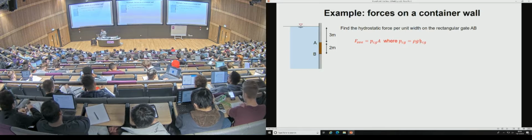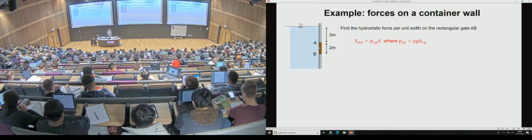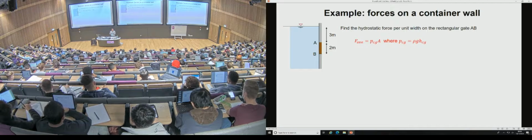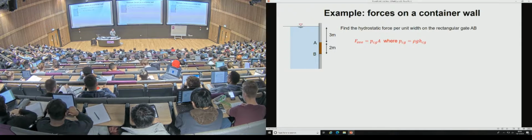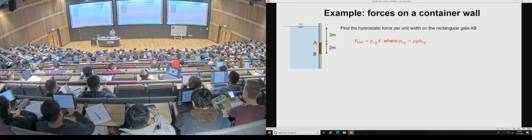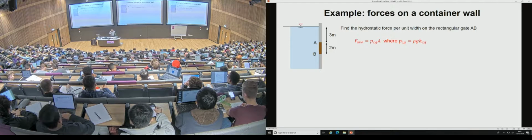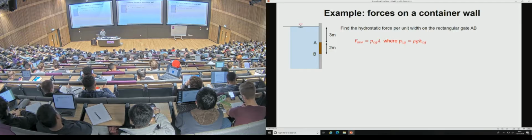In order to find the pressure, we need to go the distance down to the center of this gate. So the most important thing we need to do is identify the centroid of that rectangular gate. Yeah, absolutely right. The centroid of AB is a distance 4 below the surface.